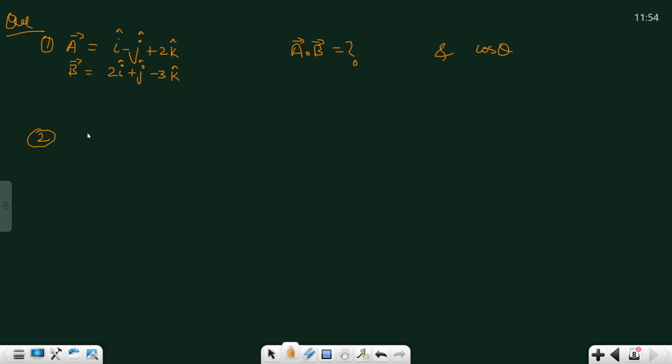The second one: A vector is equal to 3I plus 4J minus 3K, B vector is 2I minus 3K plus 2J. Find A dot B as well as cos theta.